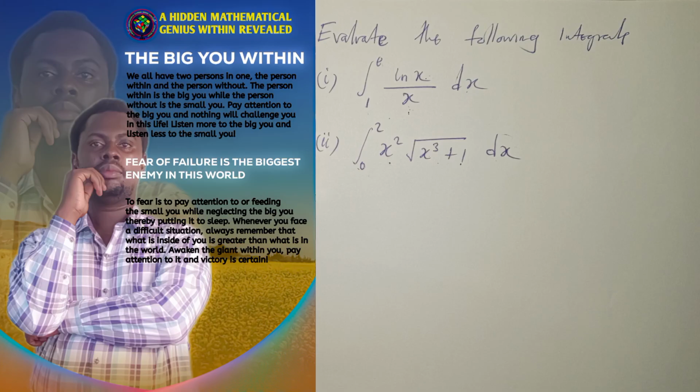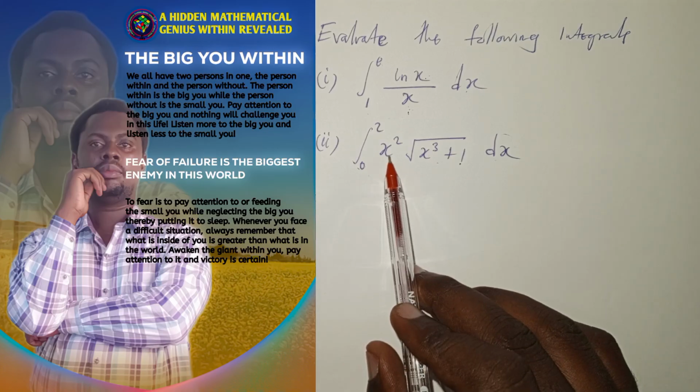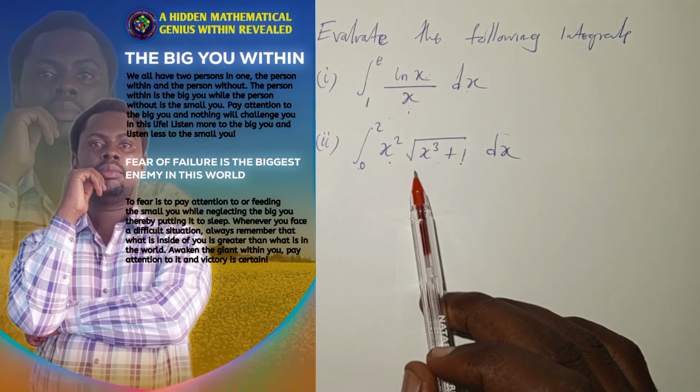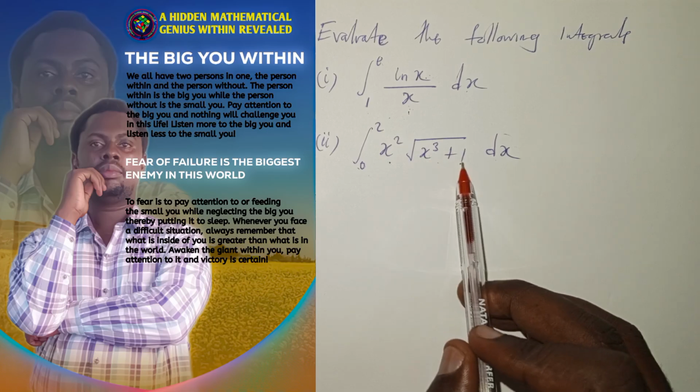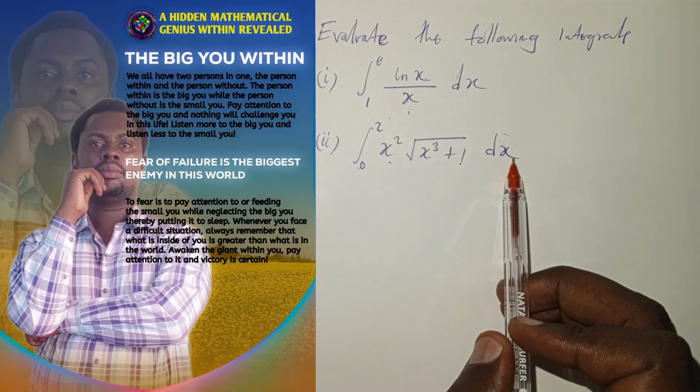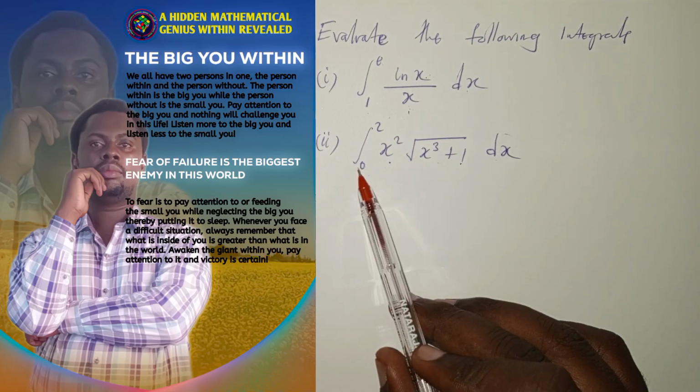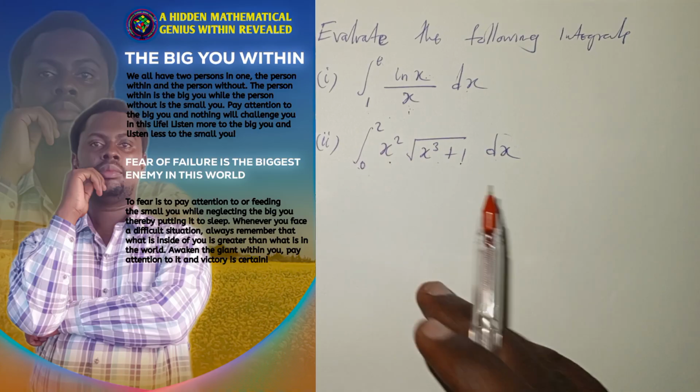We continue on the integral of question 2. So we have the integral of x squared multiplied by the square root of x cubed plus 1 dx with the limits from 0 to 2.